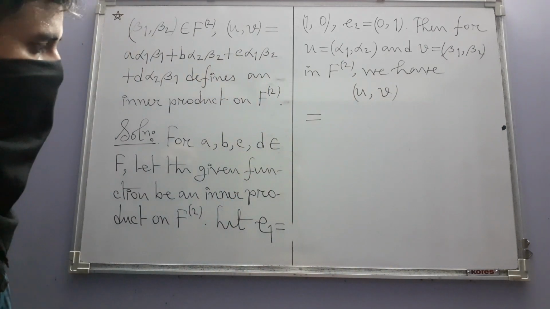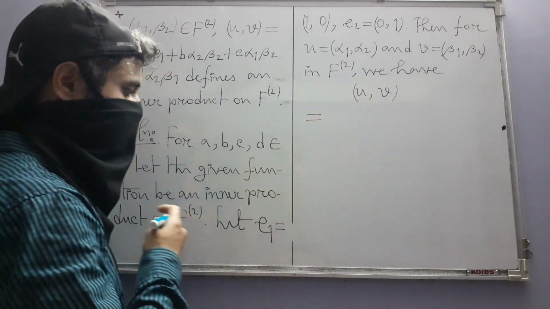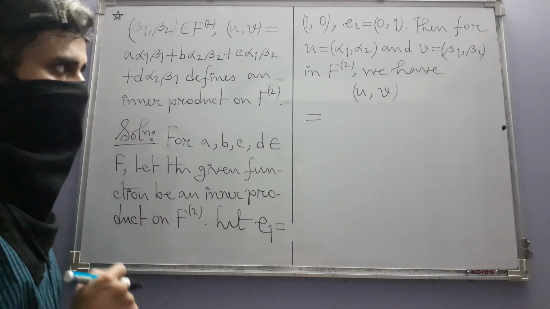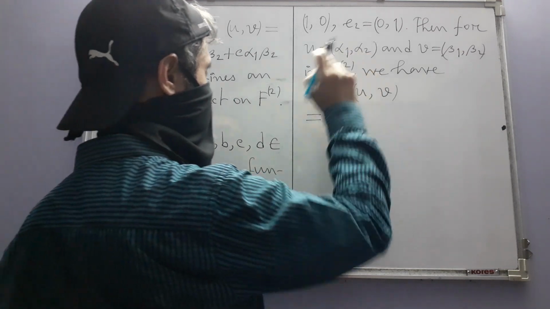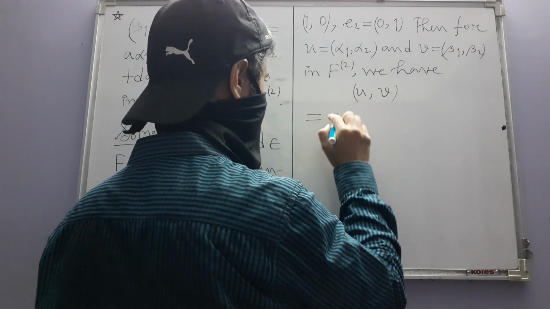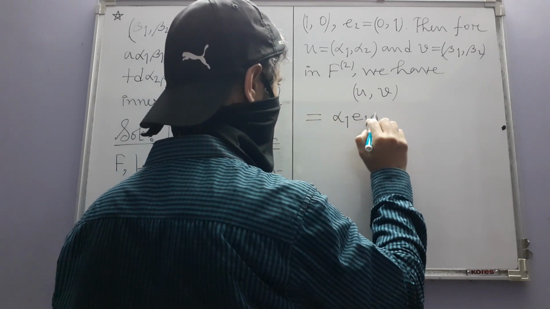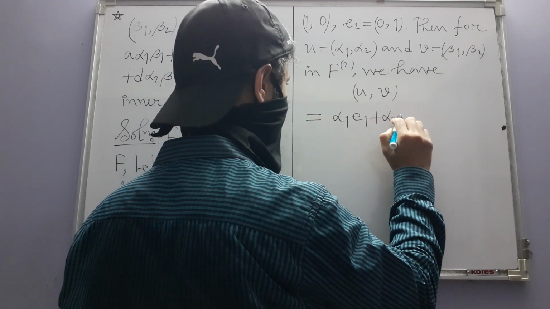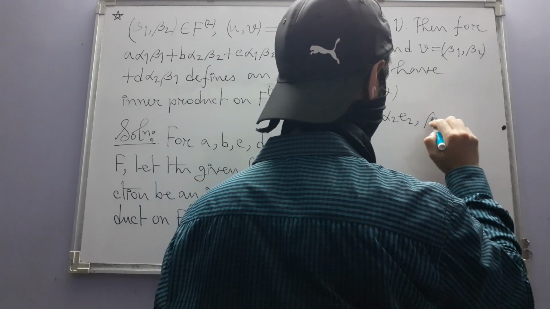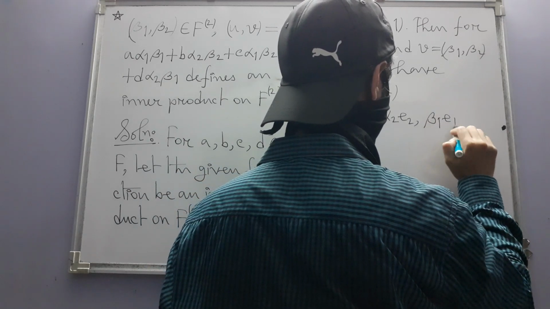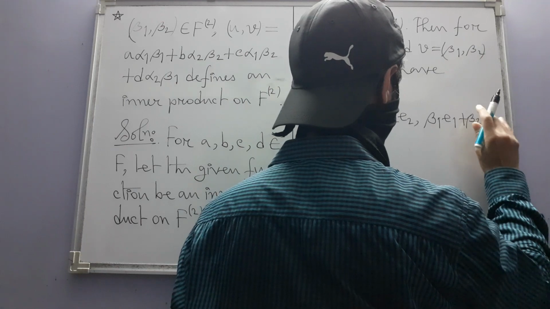So what we first do, we express each of these two vectors as a linear combination of the basis vectors. Since u is (alpha 1, alpha 2), it can be written as alpha 1 e1 plus alpha 2 e2. Similarly, v is beta 1 e1 plus beta 2 e2.